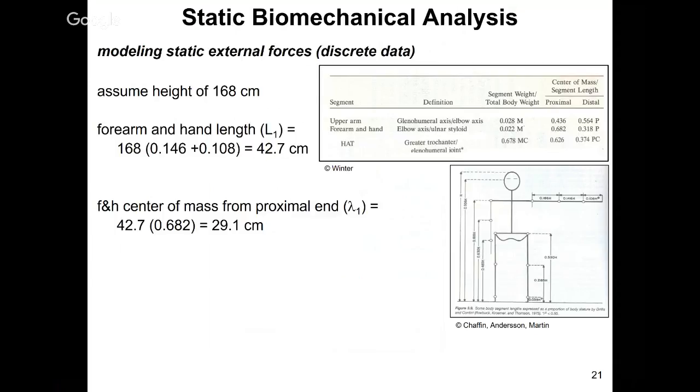So length, forearm and hand means the length of the elbow all the way to the tip of your finger. Let me label this. Say that's the center of your elbow. This is L, and this to that point is LF and H, the full length. What he refers to as lambda 1, we're calling L.